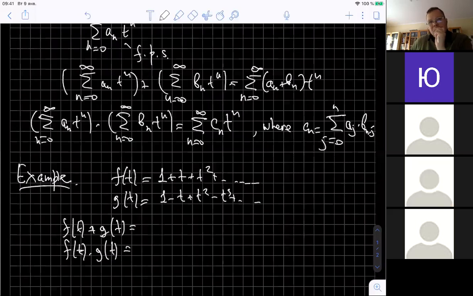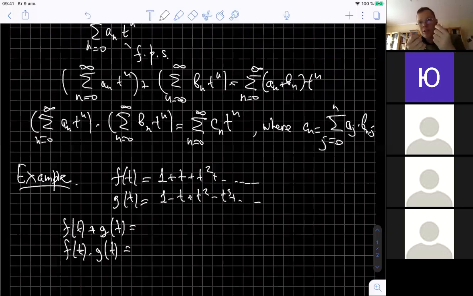Sir, it's going to be infinite, right? Yeah, of course. But you see from the definition that each coefficient depends only on something finite. If you look at the sum, the coefficients depend only on the coefficients with the same index from the first two power series, so it will be determined correctly.